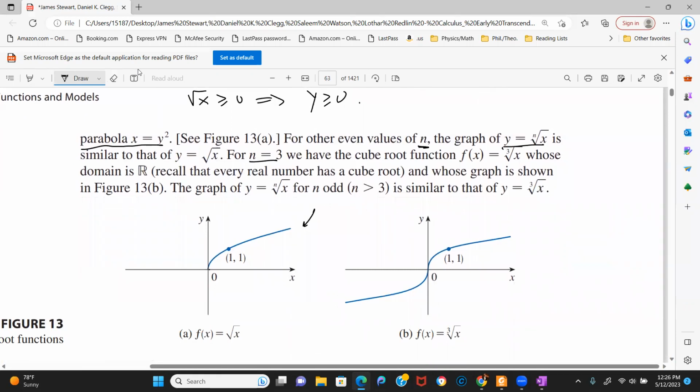When n is equal to 3, we have this function right here. And now note, you can take the cube root. This right here is defined for positive and negative values.